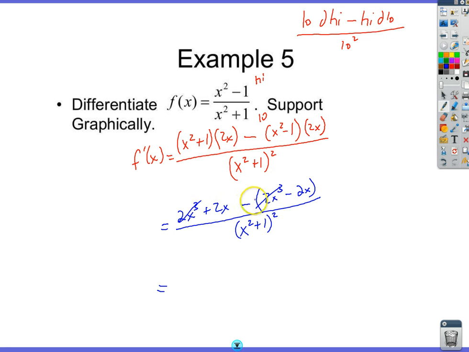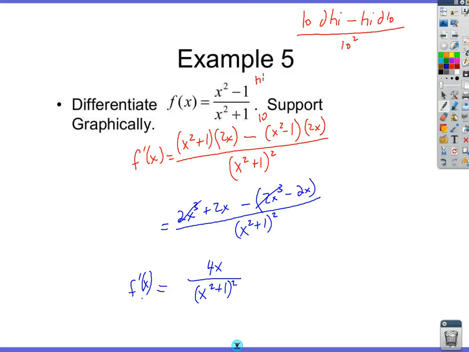And then I've got 2x minus the negative 2x, so 2x plus 2x, which is 4x, all over x squared plus 1 squared. That's what my f prime of x is equal to. Notice I didn't expand the bottom because it makes it easier for the proving graphically part.